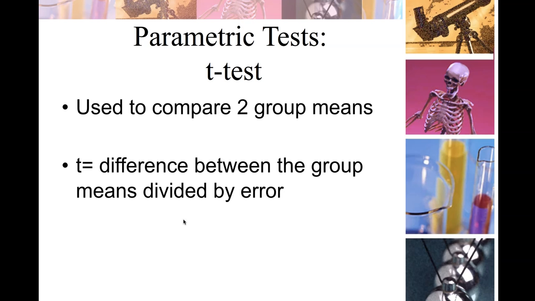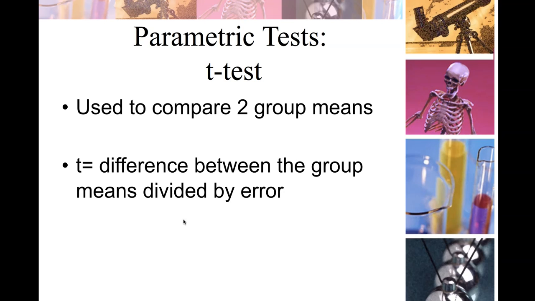All right, so the most common parametric test is a T-test. This is used to compare 2 group means. One of the reasons it's called a T-test is that if you have your data, you would draw a T on the paper. At the top of the left side, you write group A. The top of the right side, you write group B. And then your data goes down the page on both sides.